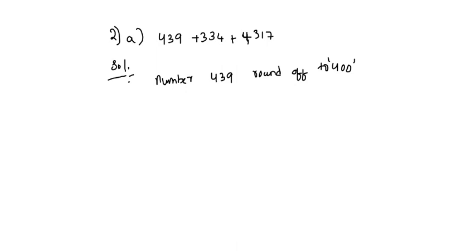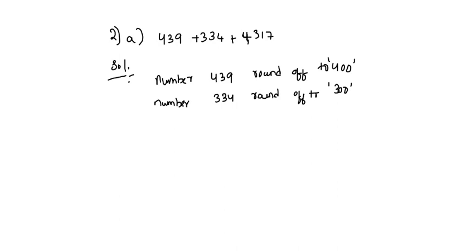In the same thing like that, the number 334 rounds off to 300. It lies between 300 and 400, so it rounds off to 300.